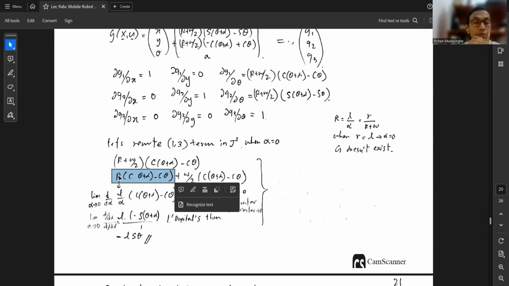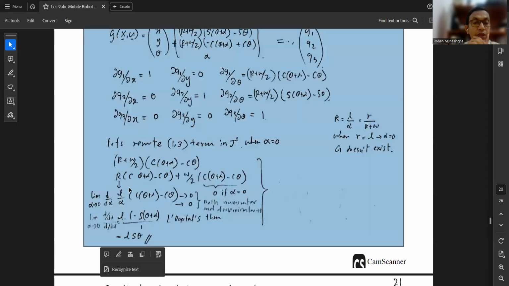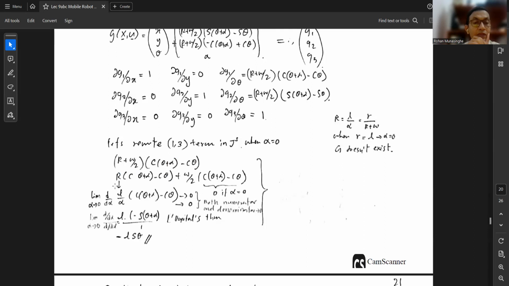Now, because R is equal to L over alpha, we are actually having this expression, L over alpha, then cos theta plus alpha minus cos theta. Now, when you put alpha 0 here, the numerator is 0, denominator is also 0. So it's a 0 over 0. It's not defined. You can't just say it is 0.